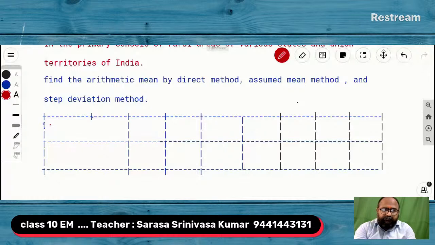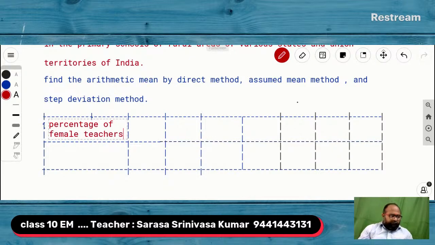Percentage of female teachers, and next number of states or union territories. Now the first interval is 15 to 25.